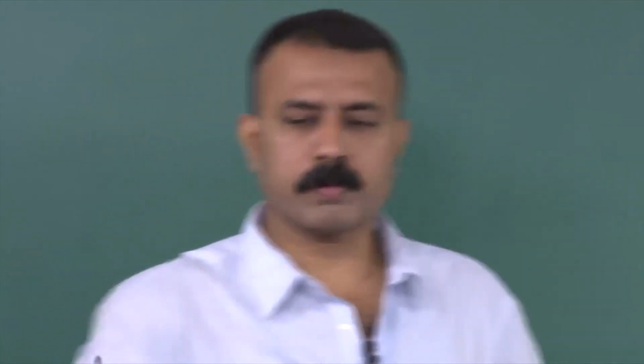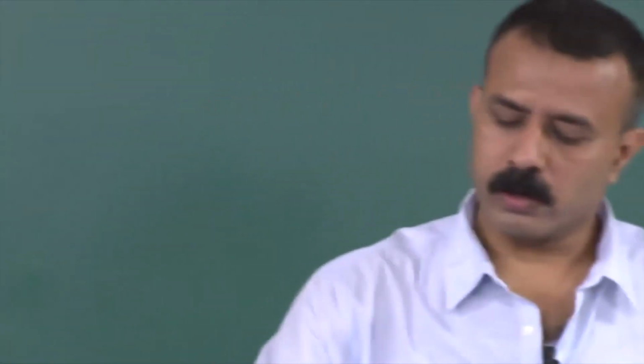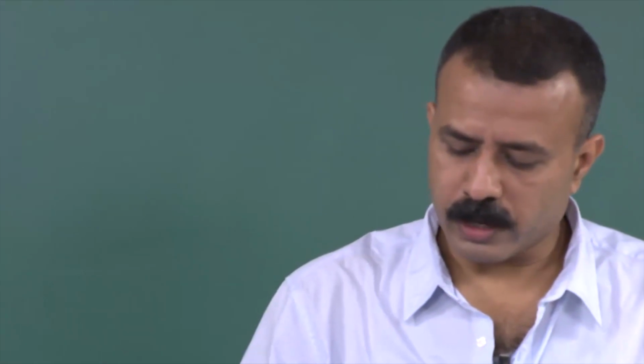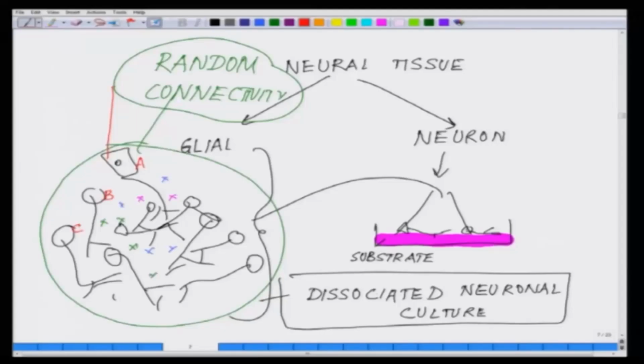Think of a practical situation. Say I label the cells A, B, C, D, E, F, G, H, I, and J. Now, say a signal originates from here, and I am seeing the signal all over the place. I really do not know how the signal has moved.